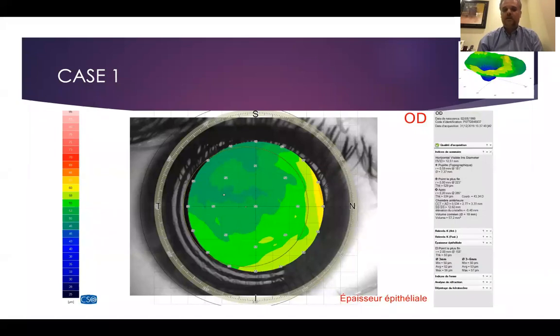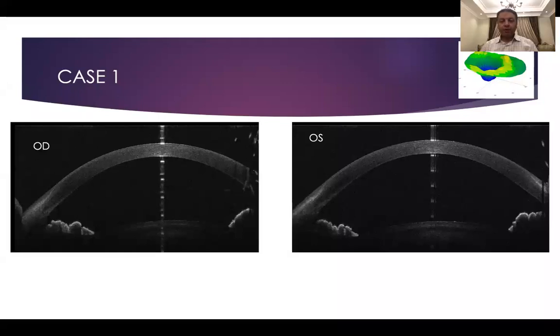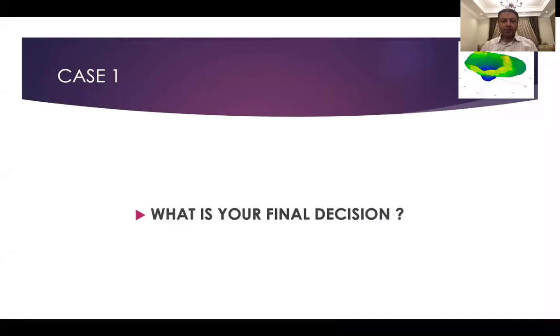So the steepening we have is only the irregularity of a normal epithelium. This is the first case, and with this normal epithelium, I can go for laser ablation. If there is a keratoconus, you will find thinning instead of thickening. Yes, we will see other cases. So in this case, I do at least a PRK.